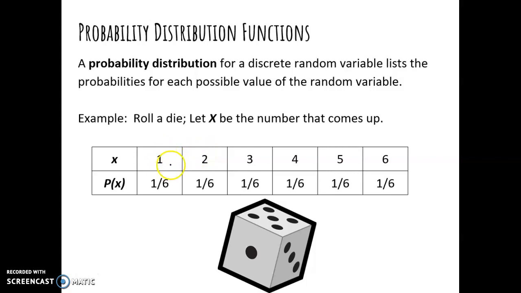And then for each of those possible outcomes, you list their corresponding probabilities. The probability of rolling a 1 would be 1 out of 6. The probability of rolling a 2 is 1 out of 6. The probability of rolling a 3 is 1 out of 6, so on and so forth. And so that is a probability distribution. You list all the possible numerical outcomes, and then list their probabilities.